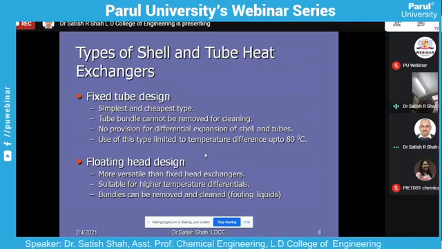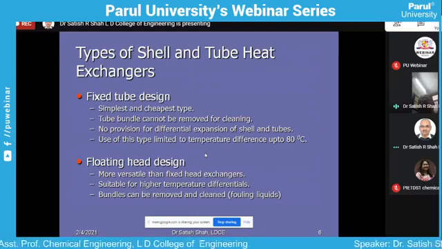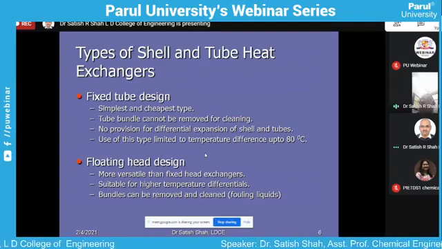Otherwise it will be the normal design, a fixed tube sheet heat exchanger, where once I put the bundle, then only I'll be using this heat exchanger, and when I want to clean it, I have to open everything, but you cannot simply remove only the tube bundle. So we have this type of possibilities, and as per our requirement, we have to see it.